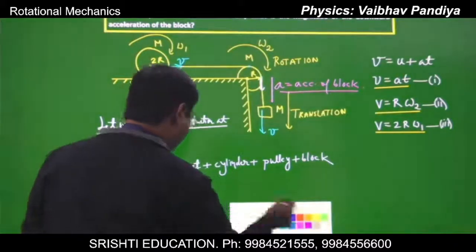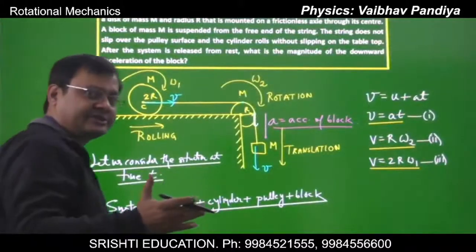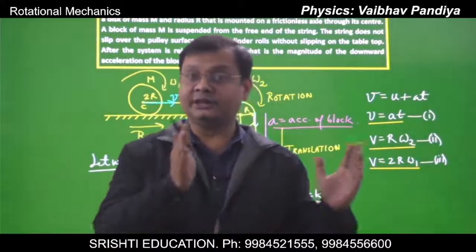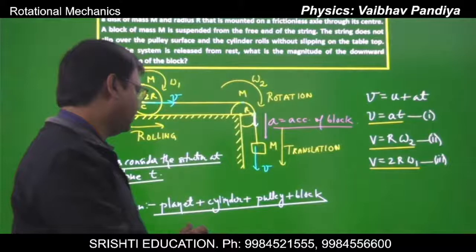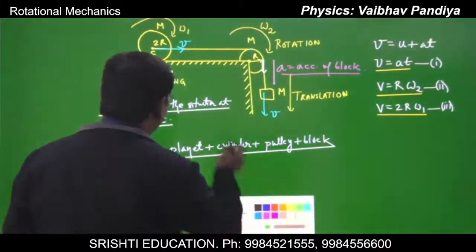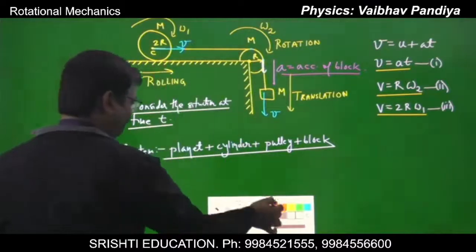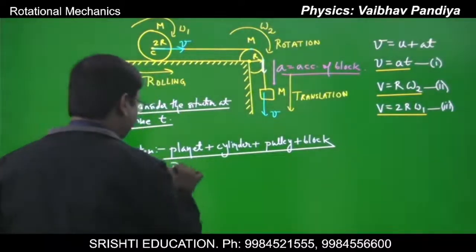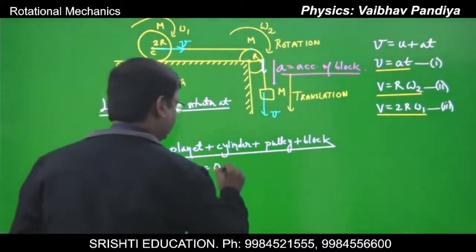So I'm taking the system as all the objects including the planet, and since the planet is within the system, the gravitational force will play its role in the gravitational potential energy and not in the external work. And since friction in rolling, even if there is friction, would be static in nature, static friction will do no work. So we can say the external work will be 0.